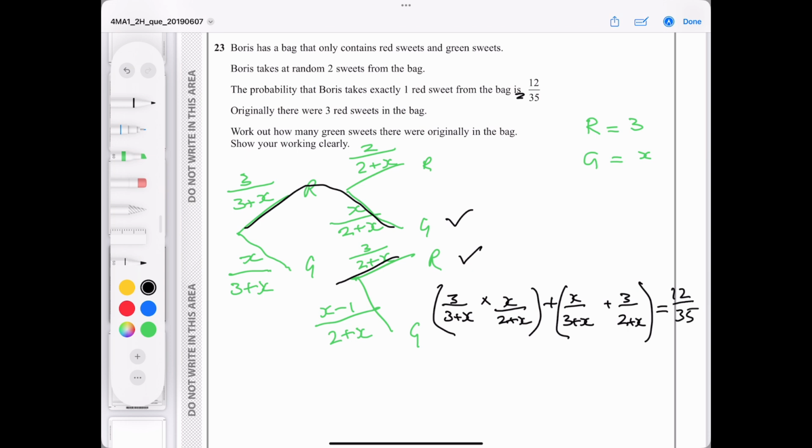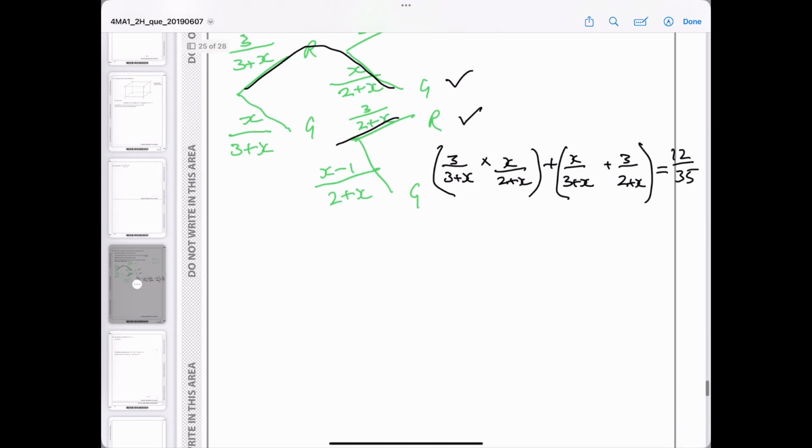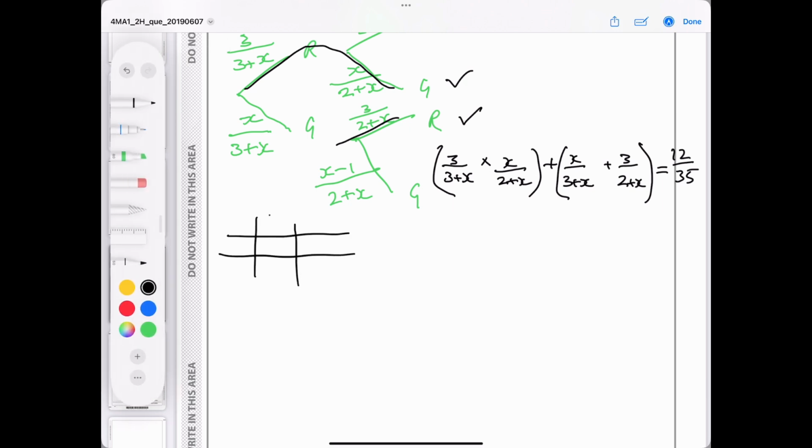I don't think you're meant to write outside the brackets there. Now, I can see that this is going to work out the same. So on the bottom we've got 3 plus X times 2 plus X. We can rearrange this, so it's X squared, that's 6, and that's 2X, and that's 3X.